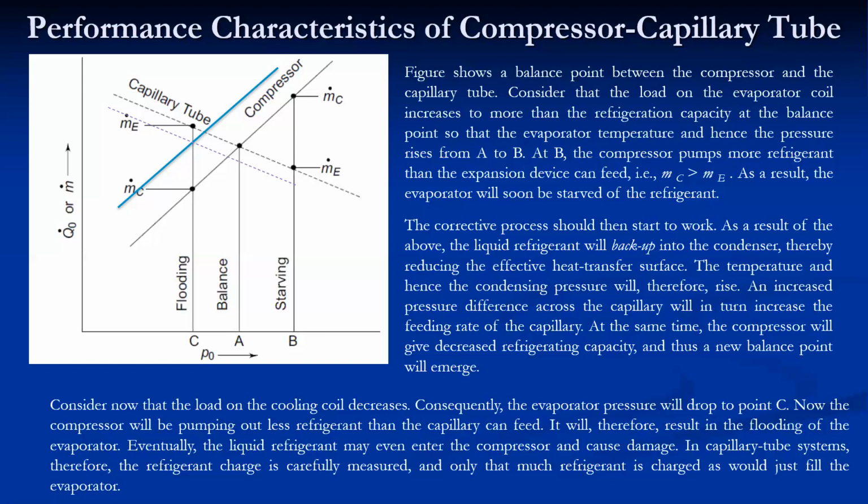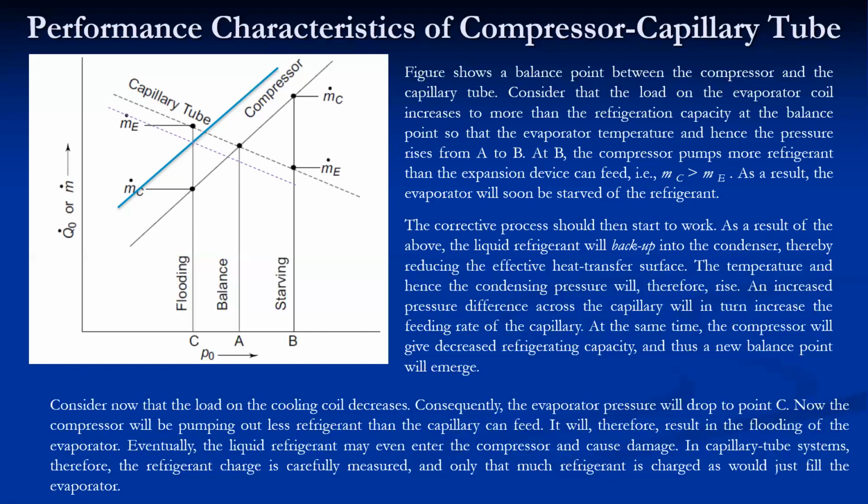These characteristic curves show that the compressor and capillary tube may cause starving if the balance condition is shifted towards the right, and may cause flooding if it is shifted towards the left. That will happen, but it is a temporary condition. That is called flooding and starving.